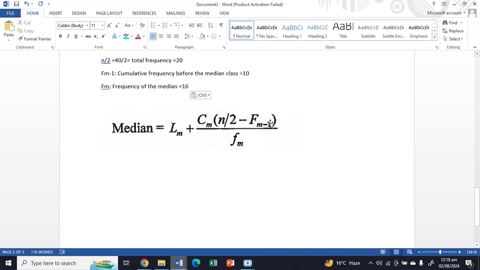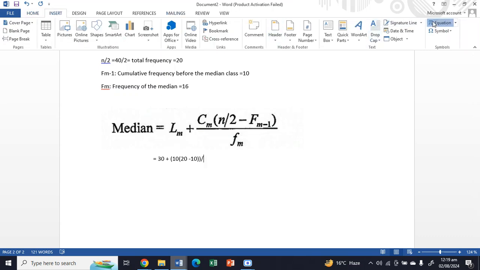LM lower limit is 30 plus class width 10 open brackets n divided by 2, that is 20, minus cumulative frequency before median class 10, close the brackets. Remember, all of this is on the numerator. Maybe let me just put it in fraction form so that it's clear.